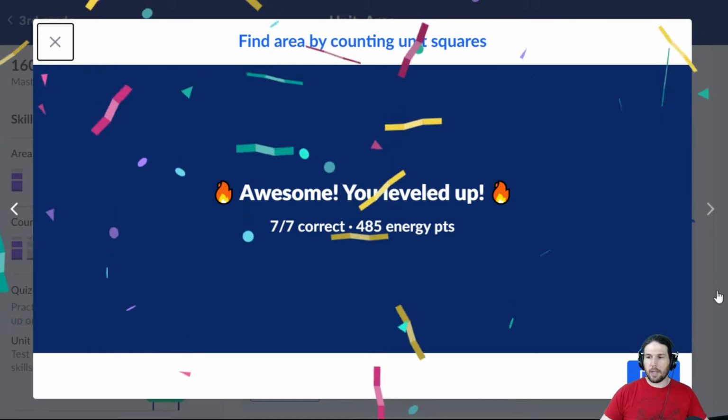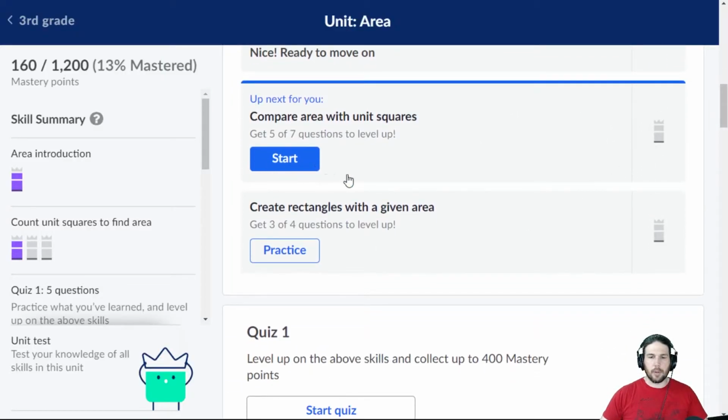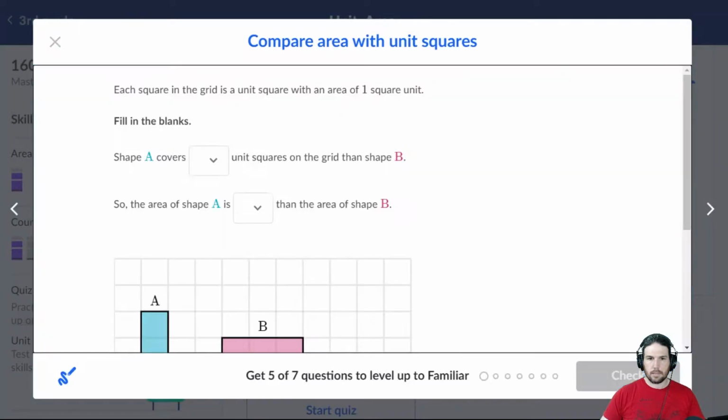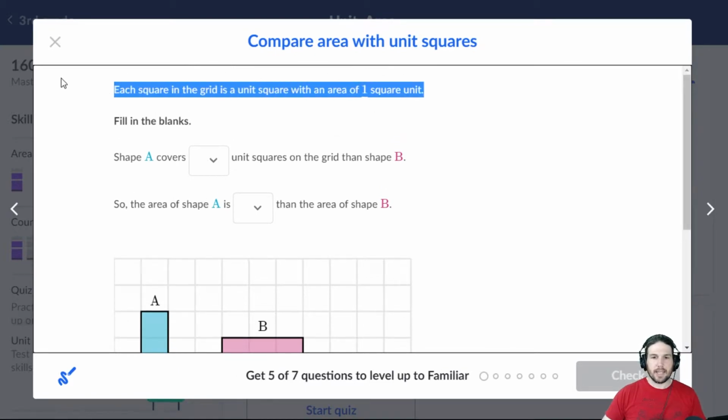Thank you, Khan Academy. Good of you to catch up. Done and done. Now we're going to compare area with unit squares. Each square in the grid is a unit square, blah, blah, blah. I do like that it keeps telling us that each unit is a square with an area of 1 square unit, because later on we're going to alter the size of these units.